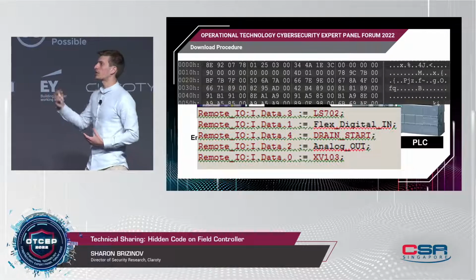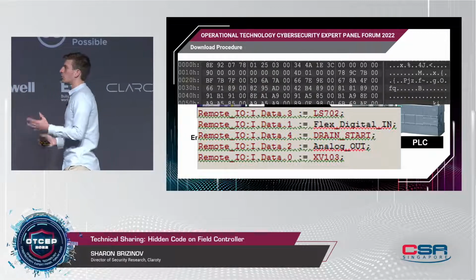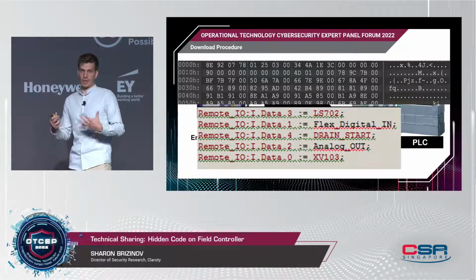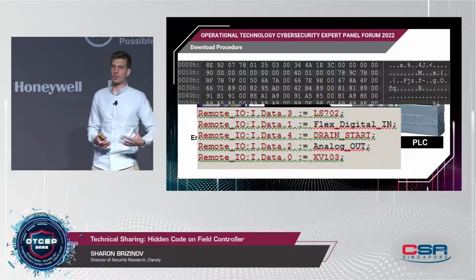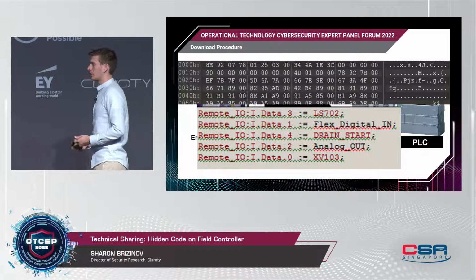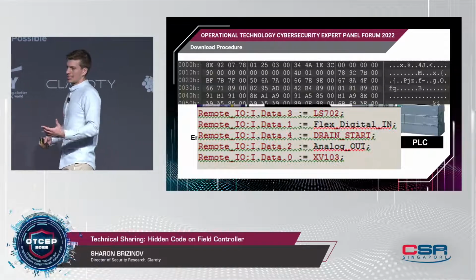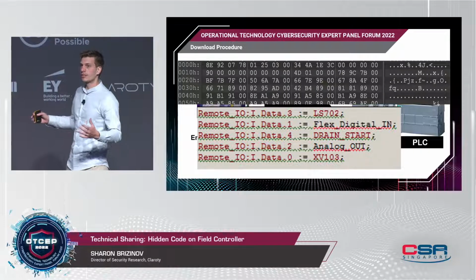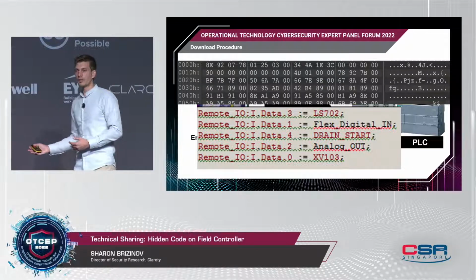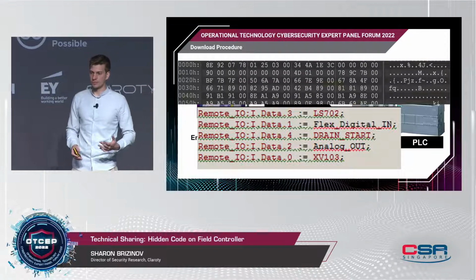So we're not just transferring the bytecode, but we're also transferring text code, the code that we wrote to program the PLC. Now, if you think about this for a little bit, you can see that they're not coupled. So there is the bytecode, the binary code, and there is the text code.